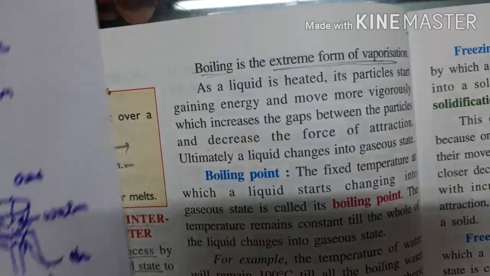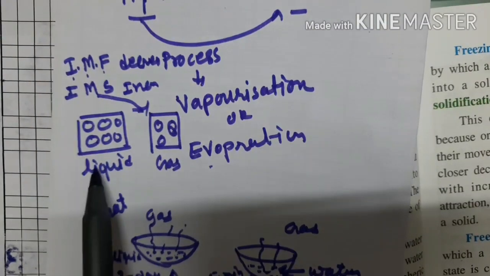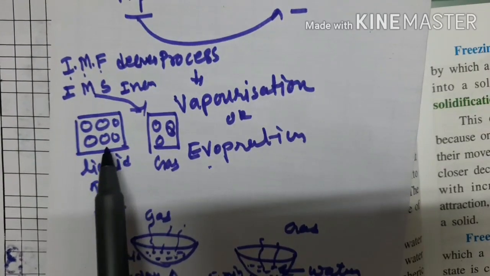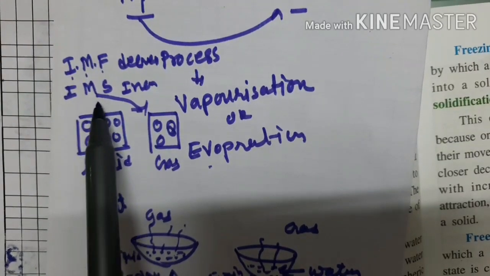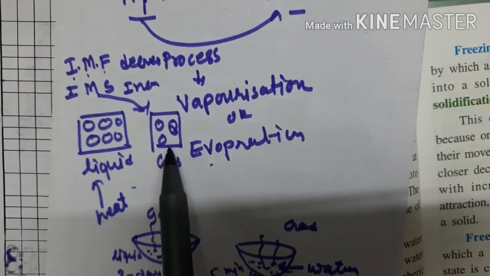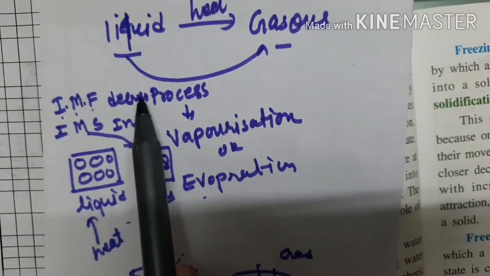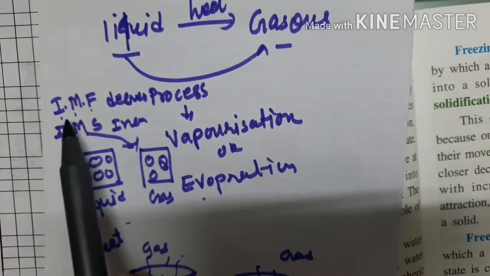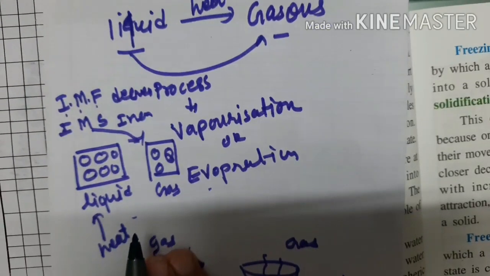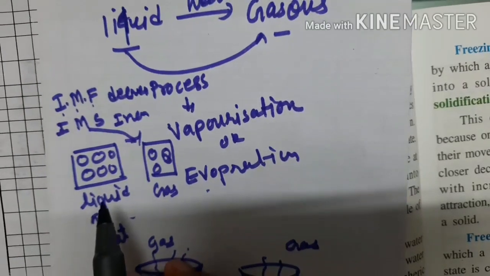Okay, so remember this. The liquid particles are like that. When you heat them, the intermolecular force of attraction decreases, the intermolecular space increases, and it converts into a gaseous substance. Don't be confused between decreasing and increasing. Just understand the fundamentals clearly, students.